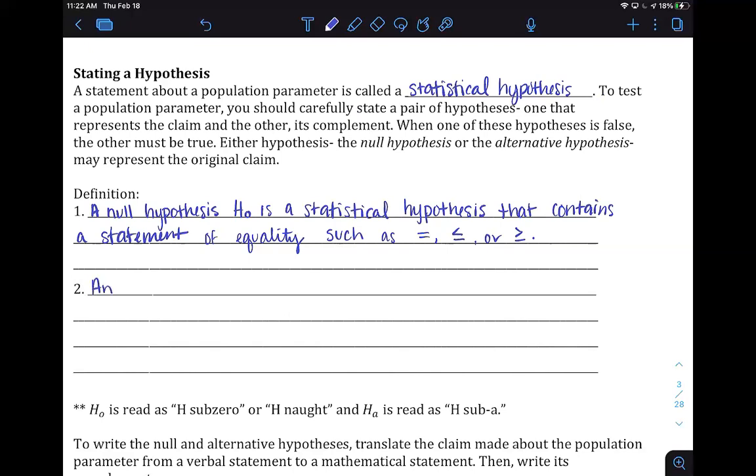An alternative hypothesis, which is going to be H subscript A, is the complement of the null hypothesis.